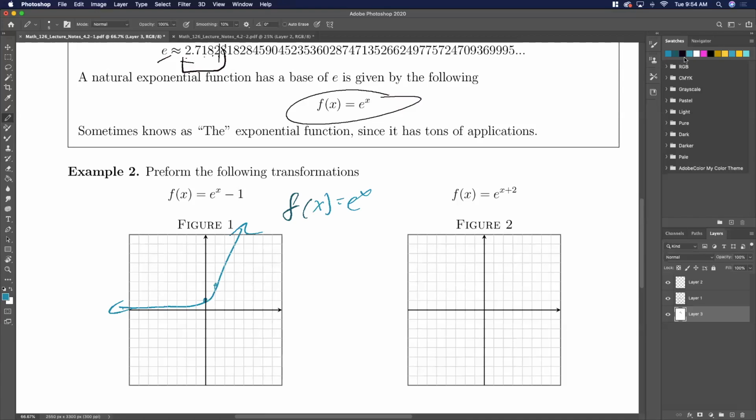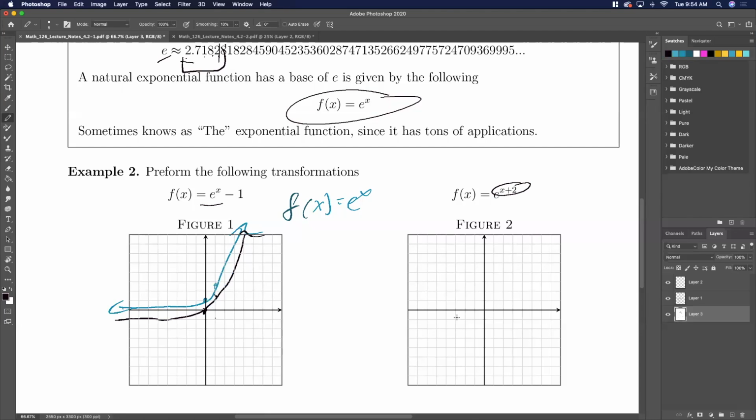Now, as you know, I'm going to have you guys do transformations on this. If we're going to transform this, here we're just going to move it down 1. So it's going to go through this point. The first point will be at 1.7, so about here. It goes up like this.